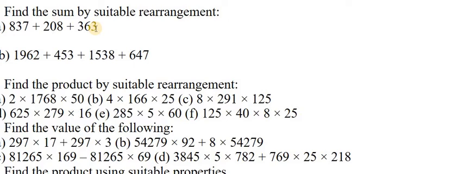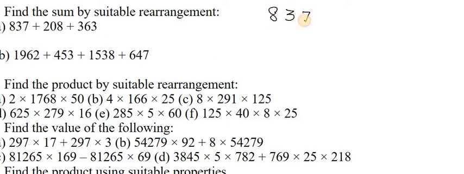Which two numbers we add first to get a very easy total, we add those first, and then we go for the other number addition. That is the meaning of suitable rearrangement here. So I'm going to arrange.